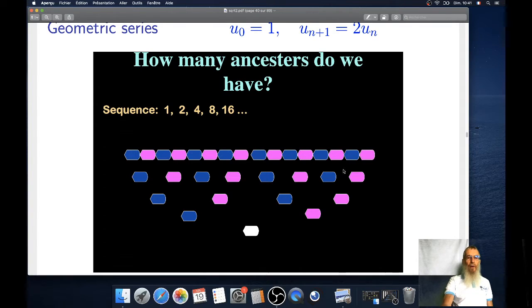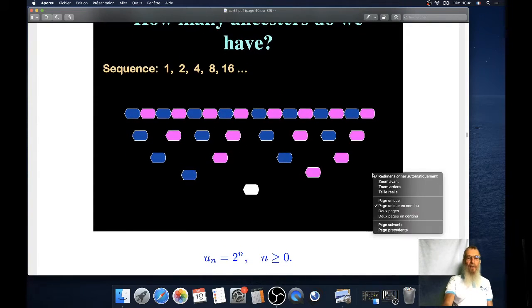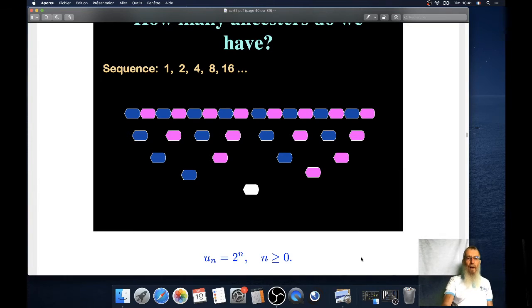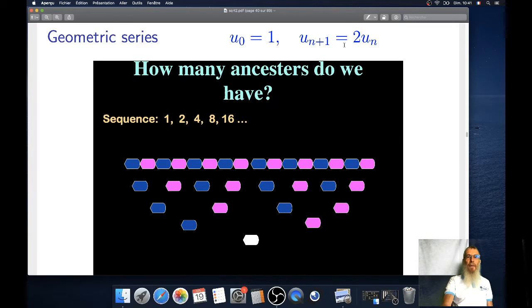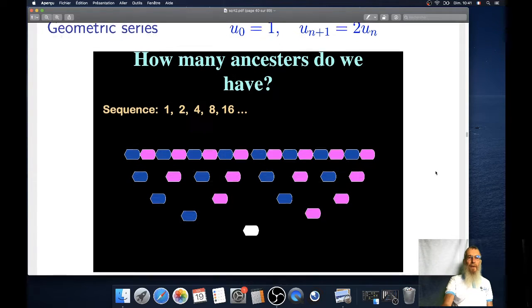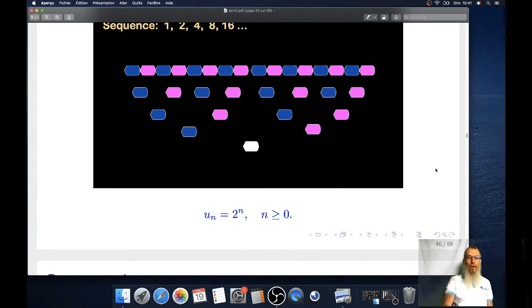At the next level, you have twice this number. So the sequence is u_n equals 2 to the n. This is the so-called geometric series, u_(n+1) equals 2 u_n. We already saw a linear recurrent sequence, and this is another example of a linear recurrent sequence, which is called the geometric series.